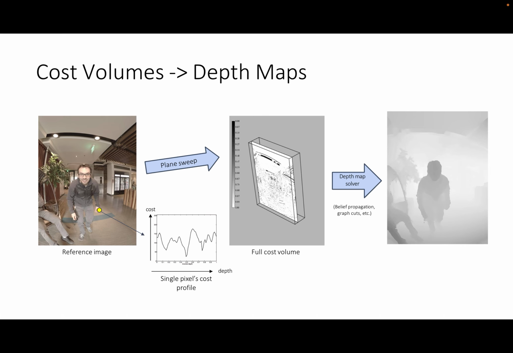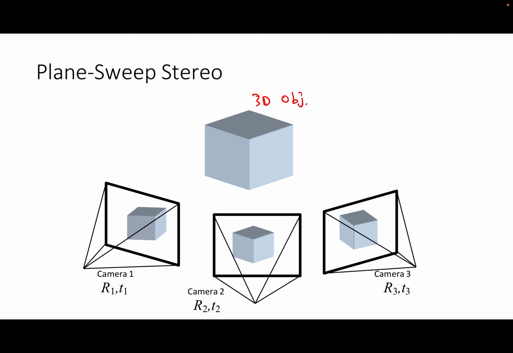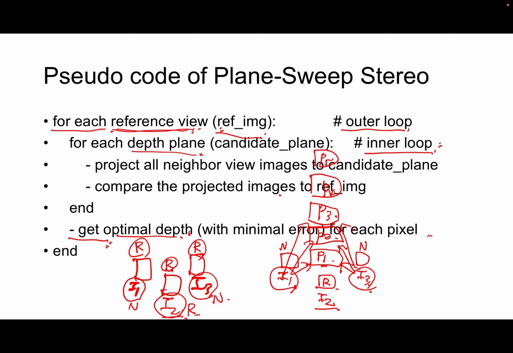And here is the cost volume. In the inner loop, for each reference view, we can construct multiple planes, P1, P2, P3, P4, P5, and then for each depth plane, we reproject neighbor images to those planes, and compare the projected image to the reference image. For each plane, we store the similarity between the reference image and the projected image.